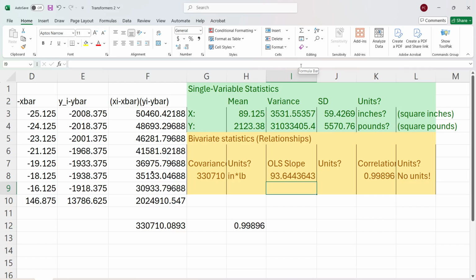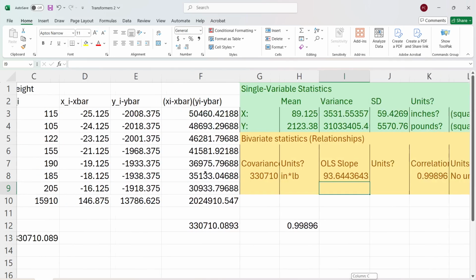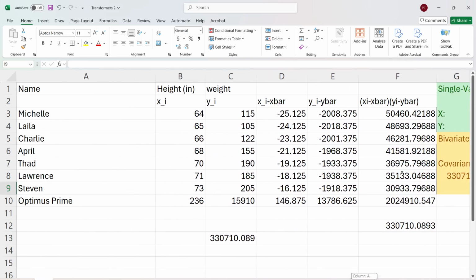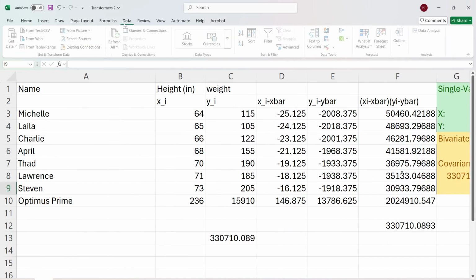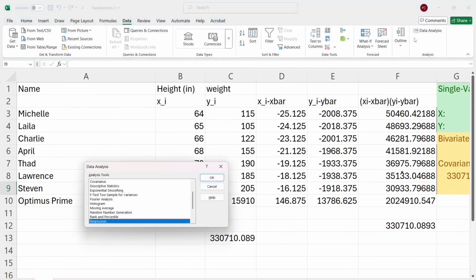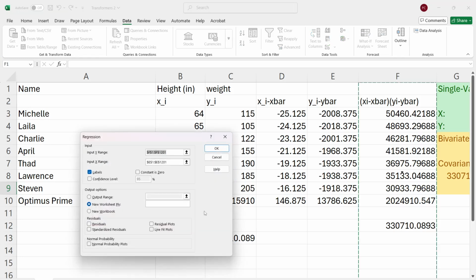So it makes sense. And the last way that I might want to do this, go back over here where I can see the data again. Let me go up to data analysis. There it is, regression. So it's in the analysis tool pack, and it will do quite a lot more than just the slope and the intercept.